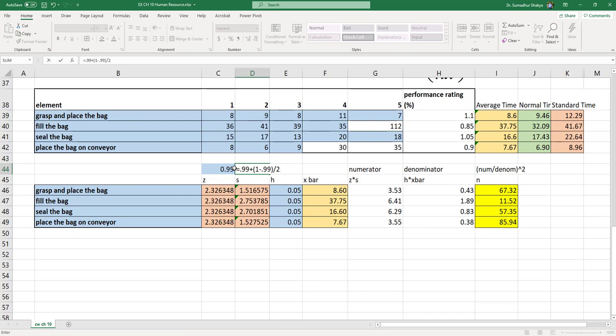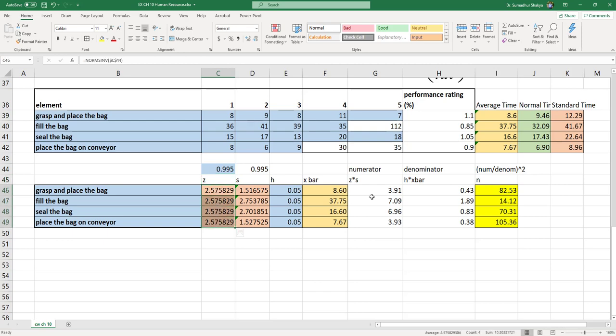So when we look at NORM.S.INV, this needs to be 0.995. It will make a slight change, but everything else stays exactly the same. So your final answer should be interpreted based on these 4 numbers.